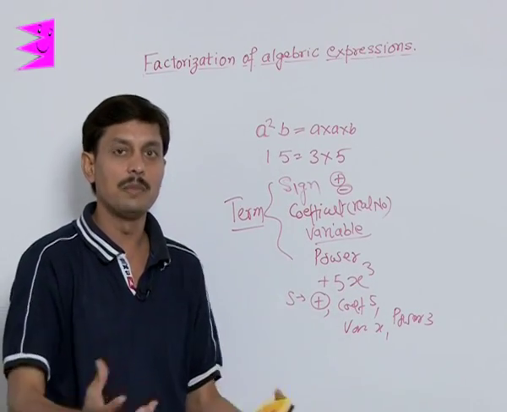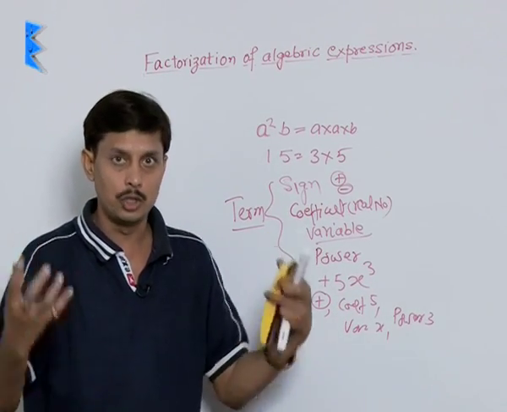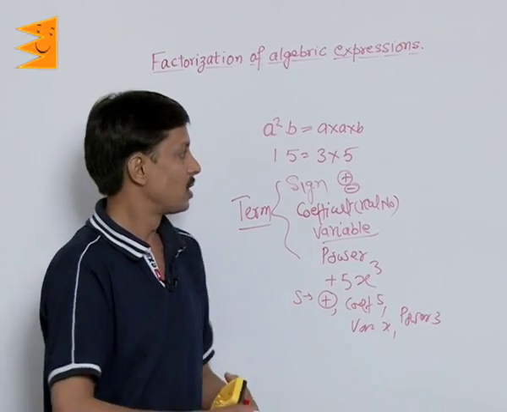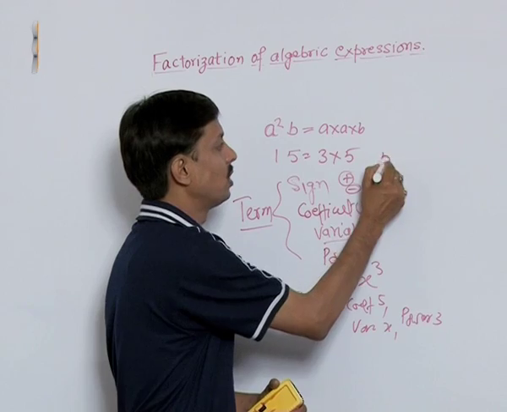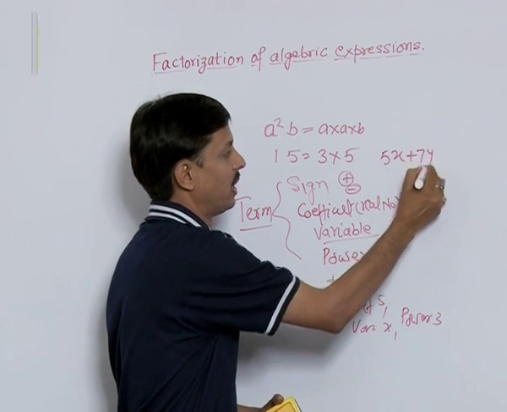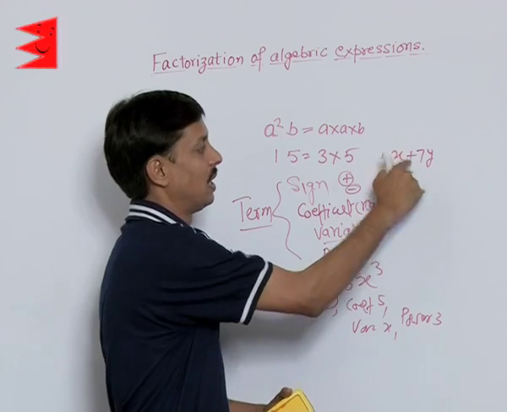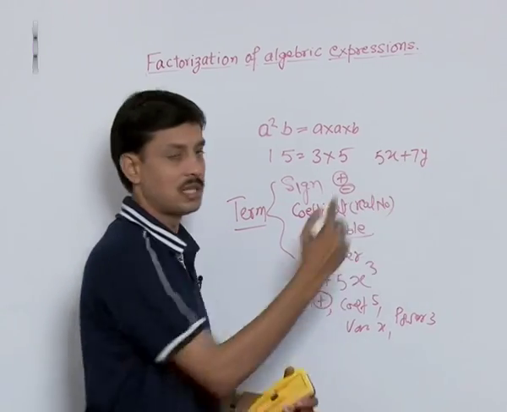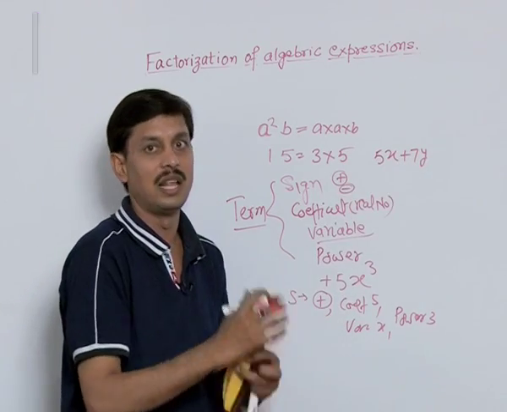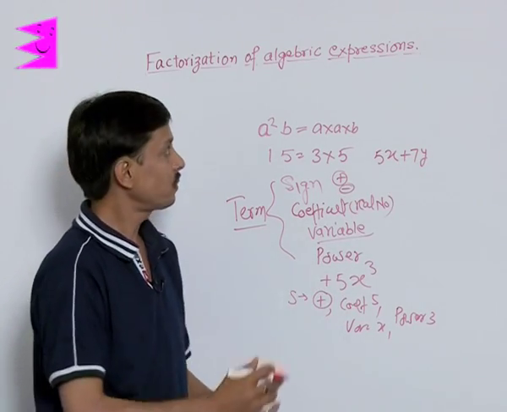And when a few terms are clubbed, combined, joined by the sign of plus or minus, suppose I have a term 5x, and another term 7y, separated by the sign plus. So 5x plus 7y is an algebraic expression.